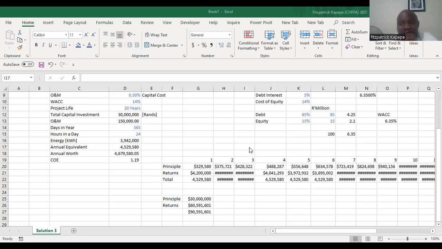For me, I look at the levelized cost of energy as a break-even point, as a break-even tariff. Because that tariff factors in all the costs. The levelized cost of energy is basically the required energy.